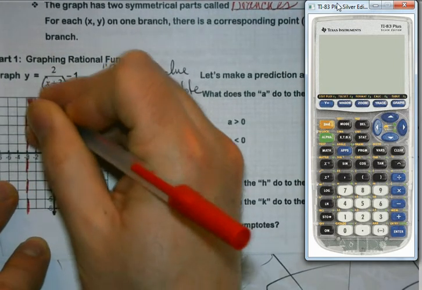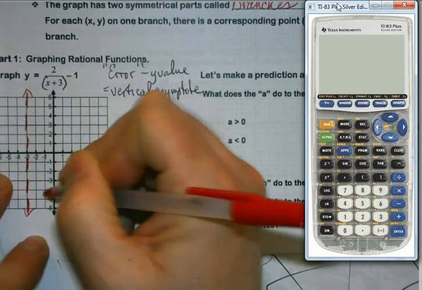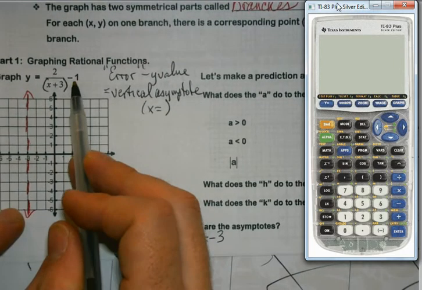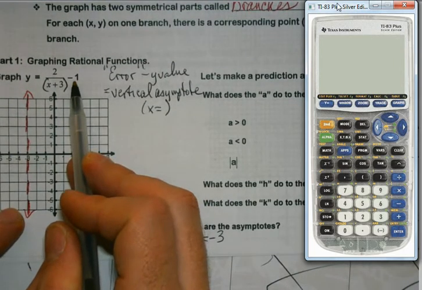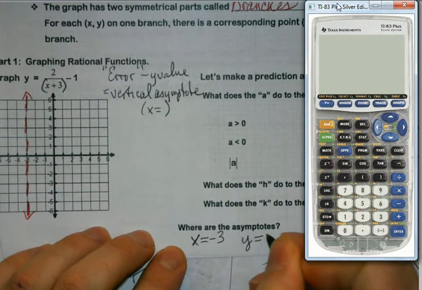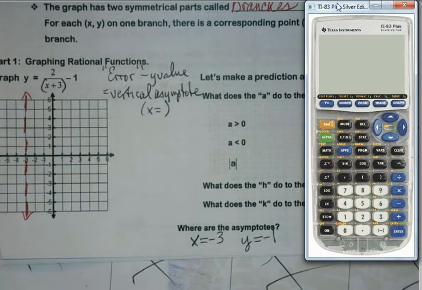And the good thing about drawing these in before you graph is, if you tend to get sloppy and just draw a line, you don't care where it goes, this is going to be your wall. This is going to say can't go through here. So then my minus 1 being down 1 means my horizontal asymptote is my y equals is at negative 1.